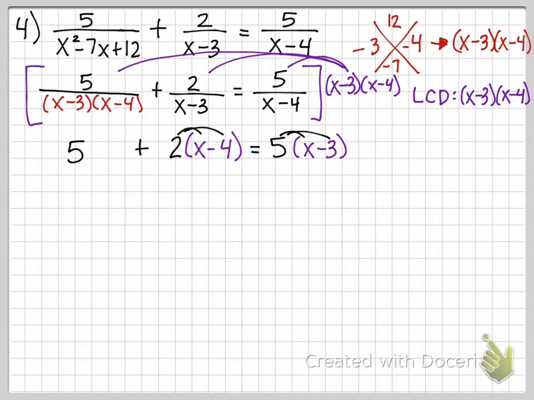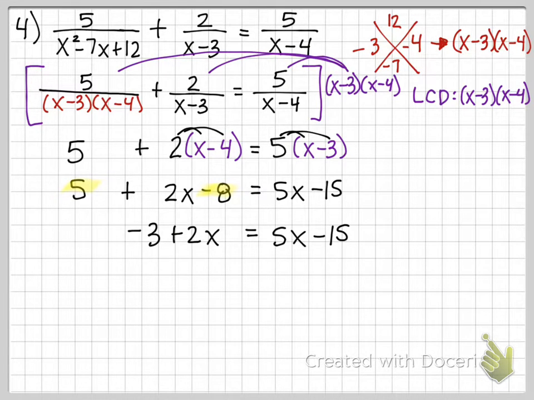And then we're just going to solve for x. The reason we know to solve for x is because there's an equal sign. So it's an equation. Whenever there's an equal sign, we know we're actually solving for something. So here we just did 2x minus 8 equals 5 times x minus 15. Combine like terms on the left-hand side, so 5 minus 8 is -3.